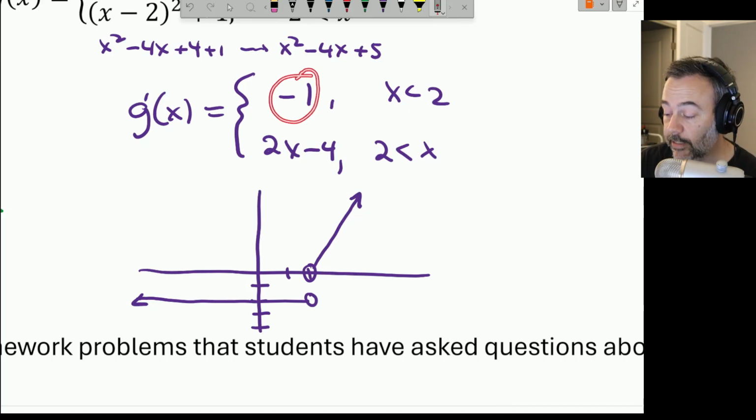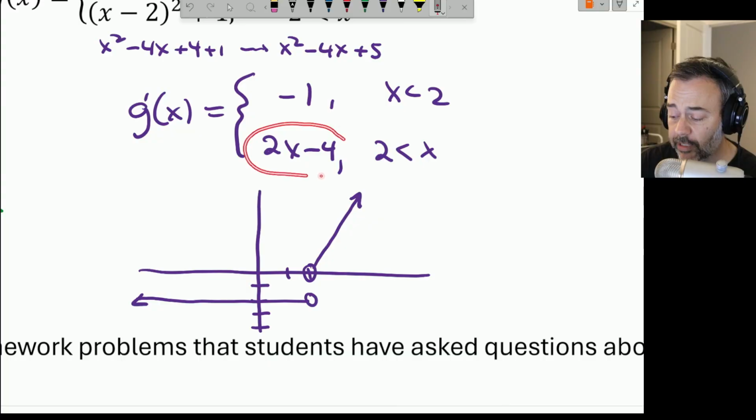The slopes on the right-hand side are all determined by 2x minus 4. So as x approaches 2, this derivative approaches 2 times 2 minus 4, which is 0. So on the right, we're getting derivatives that are approaching 0 at 2. And on the left, we're getting derivatives that approach -1 at 2.